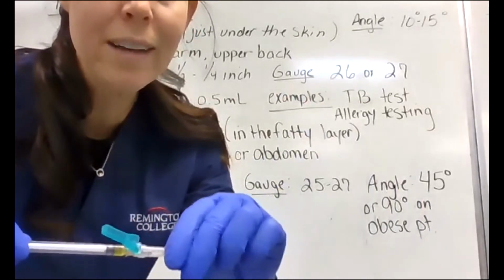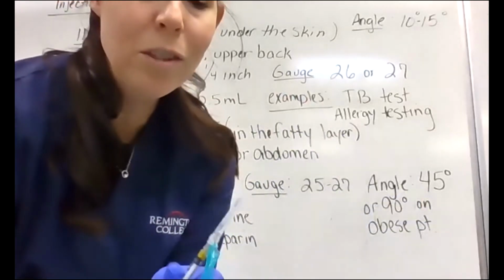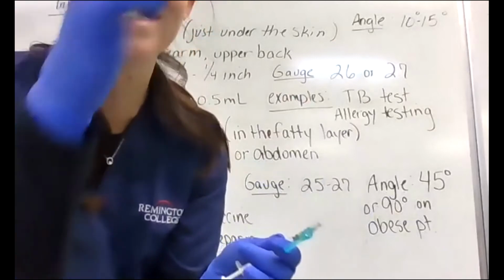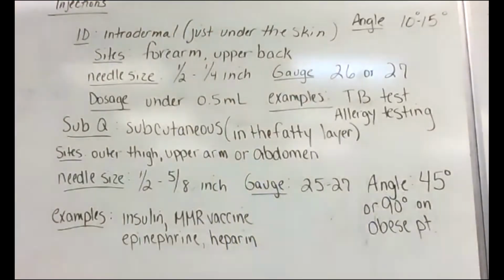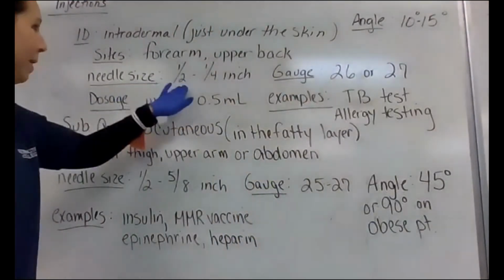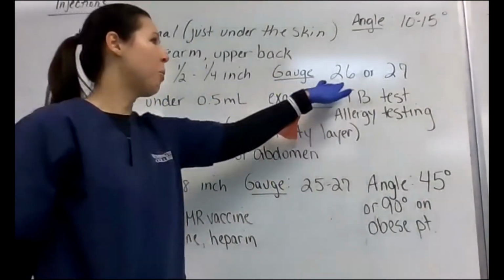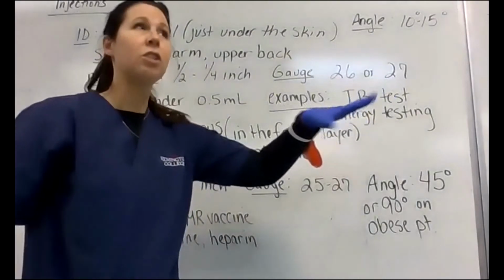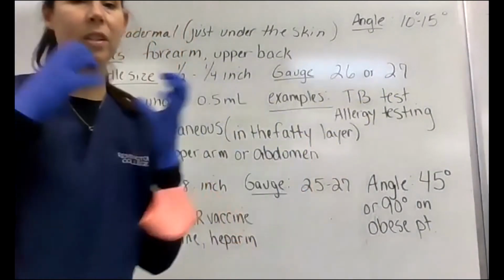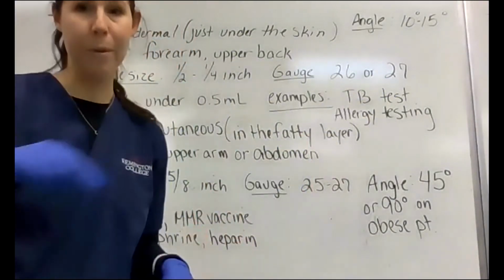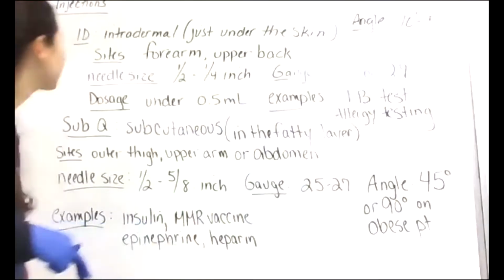Your needle has to be a certain length. It also has to be a certain gauge, which is the diameter of it. So your needle size would be a 1/2 inch to a 1/4 inch, or your gauge would be 26 to 27. The bigger the number, the smaller the actual diameter or gauge.